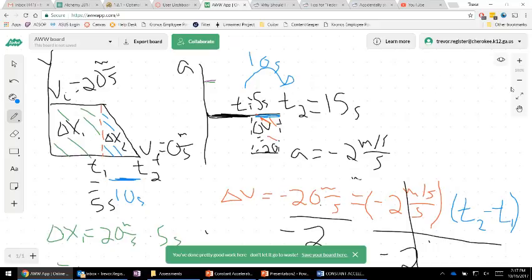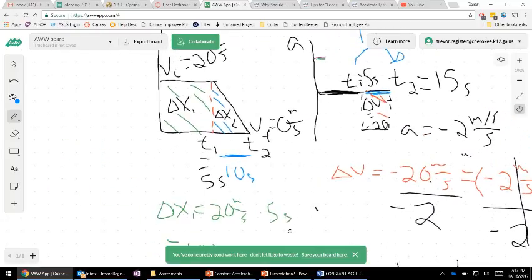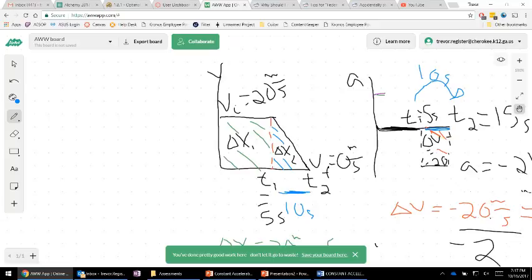And so to finish up, we want to calculate delta x2. We need to use the area of a triangle. So delta x2 is 1/2 base times height. The base here is the 10 seconds, and the height is our 20 meters per second.